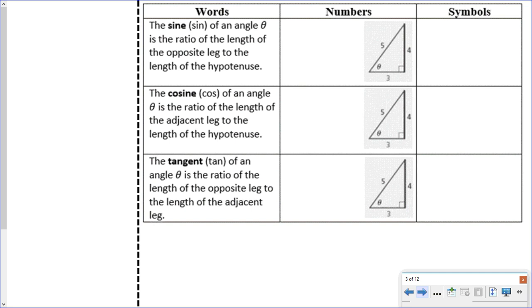All right, so this is review from geometry. And so your teachers probably taught you about SOHCAHTOA to help you remember these. And so sine, not sin, sine of an angle theta is the ratio of the length of the opposite leg to the length of the hypotenuse.